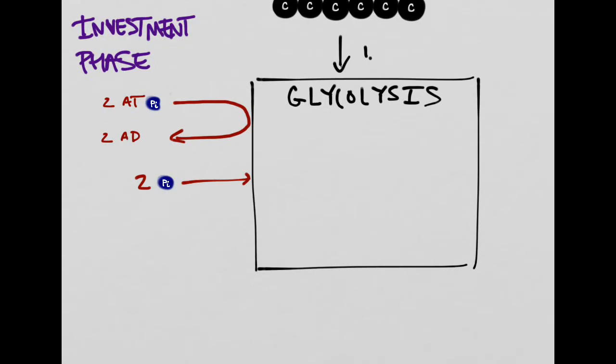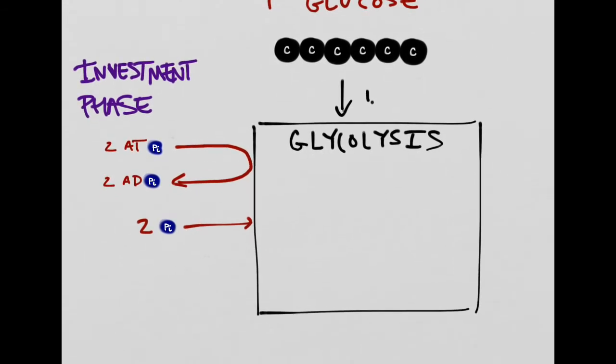And in this process of investing all this phosphate and this energy, our 6-carbon molecule is not only going to be phosphorylated, but it's also going to be split into 2 pieces.